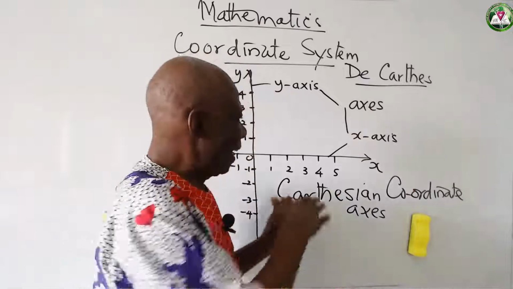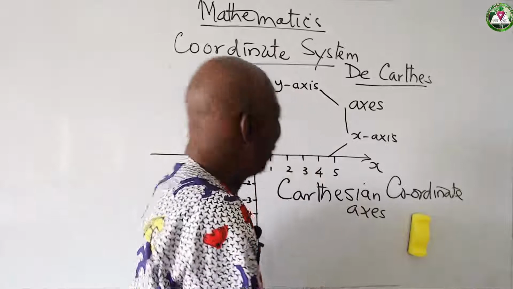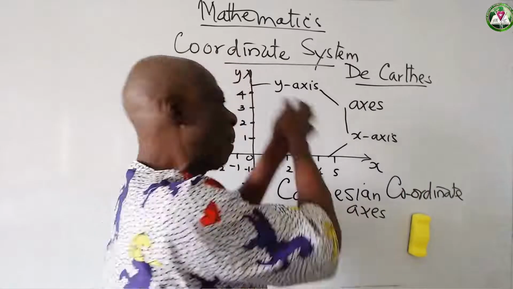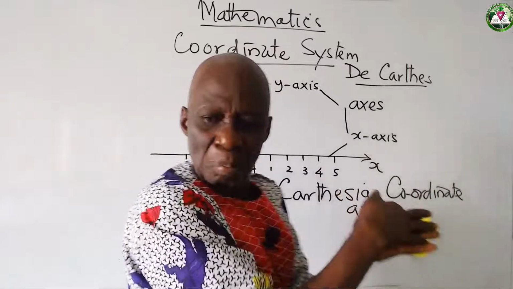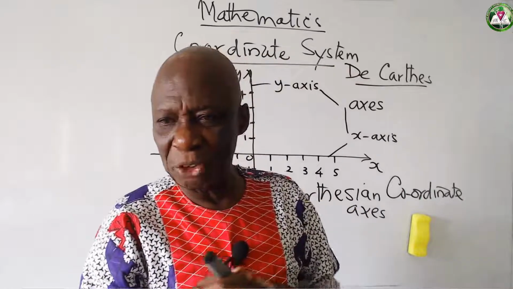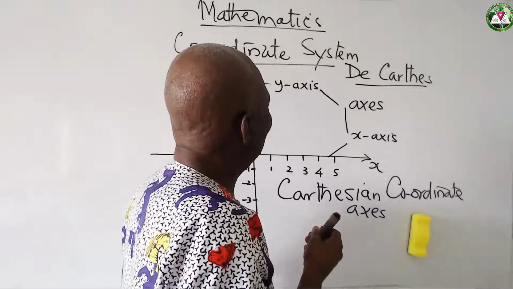So following that man's example, x-axis will come first before the y-axis. Y-axis depends on x-axis. X-axis must be there first before the y comes in. So that's exactly what we have there.